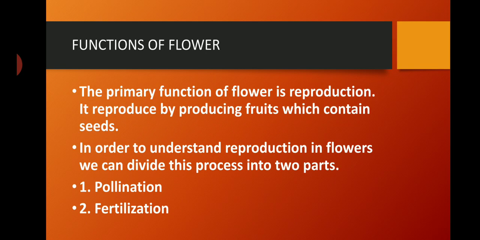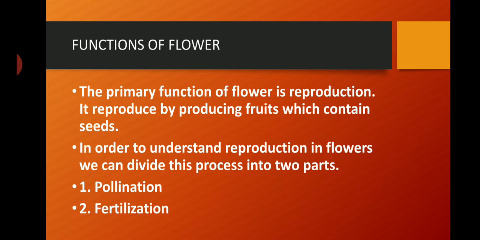Now let us come to functions of flower. The primary or main function of a flower is reproduction. Reproduction means, as I've already explained, to create new plants, to form new plants. So this is the main function of a flower.